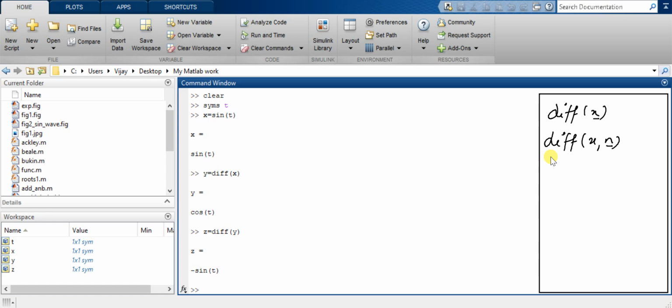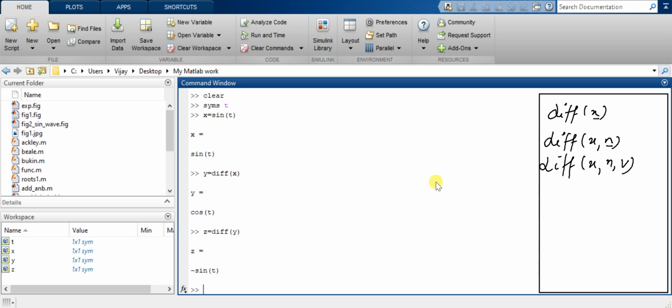And the third command is diff of x comma n comma v, where x is the symbolic expression, n is the order of derivative, and v is the variable with respect to which the derivative is to be evaluated.